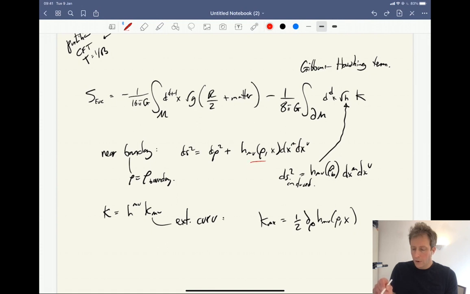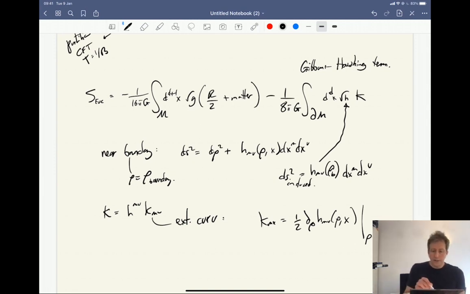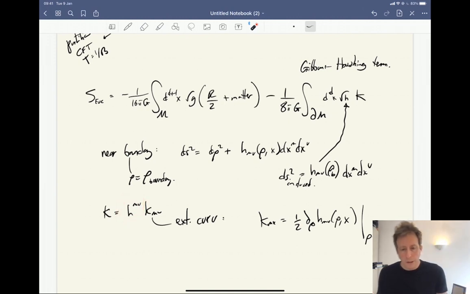So obviously, this is this trace here, evaluated at rho equals rho b. So if you like, this is the extrinsic curvature evaluated on the boundary, where the trace is taken with respect to the metric on the boundary.